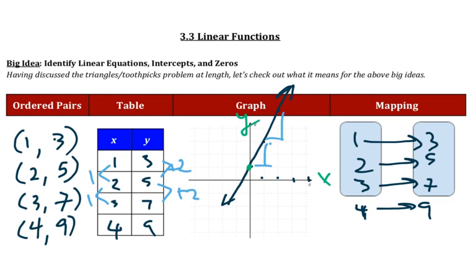The y-intercept would be y equals 1. I won't talk too much about the zeros right now because it's going to come up later, but this would be like a fraction setup. When y would actually be 0, what's the x value there? We'll leave it at that for now.